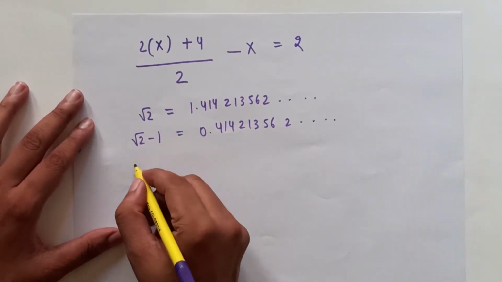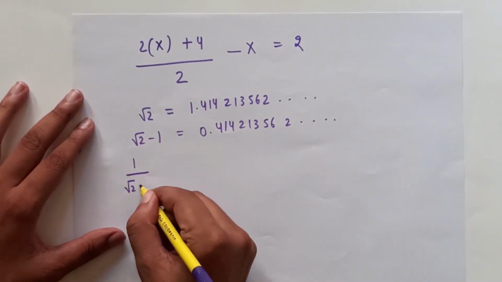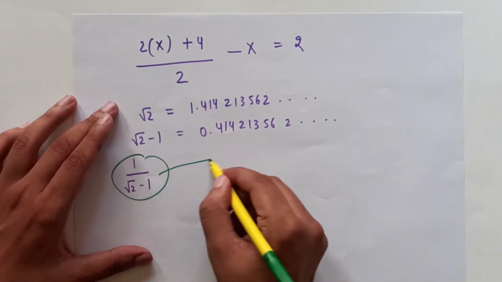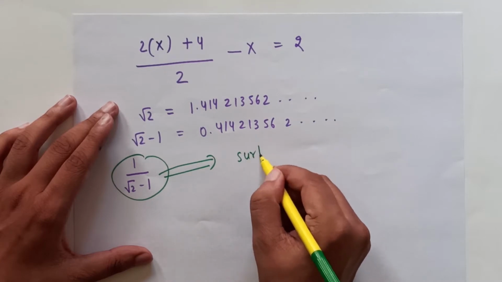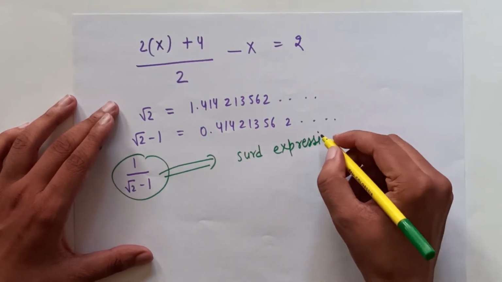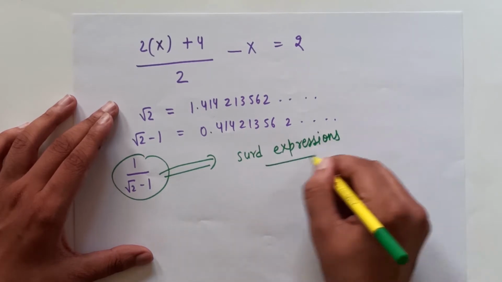So the above expression will become 1 over root 2 minus 1, and this fraction is also known as a surd expression, which we briefly discussed in our earlier videos. So basically, what are surd expressions? Any mixture of symbols including square root signs is called a surd expression.